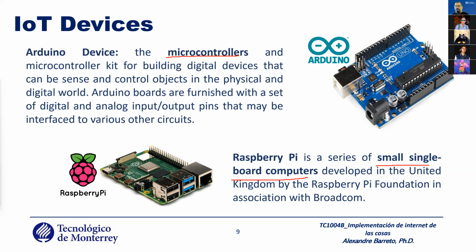For example, microcontrollers do not have an operating system. And most of the time you need to control the gate and the sensor directly. In the Raspberry Pi, you can use the Raspberry OS, which is a version of Debian, a Debian customized for Raspberry Pi.